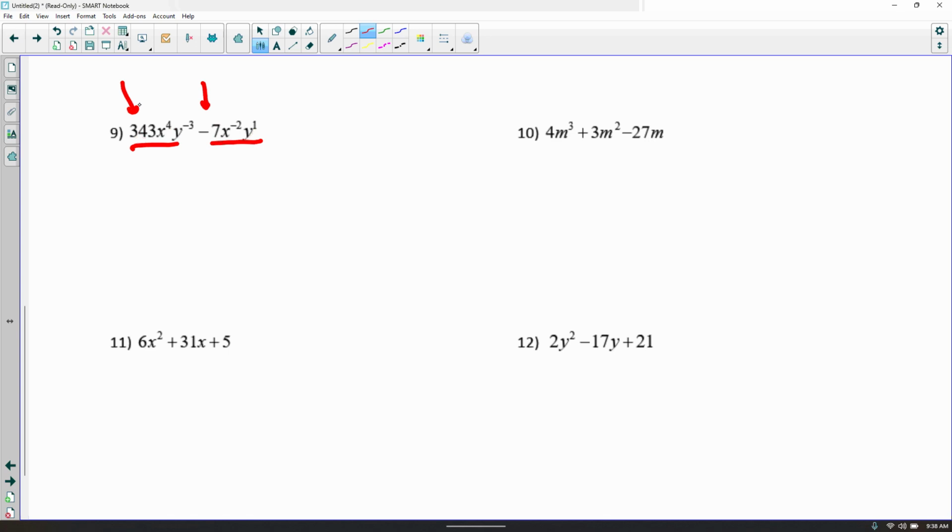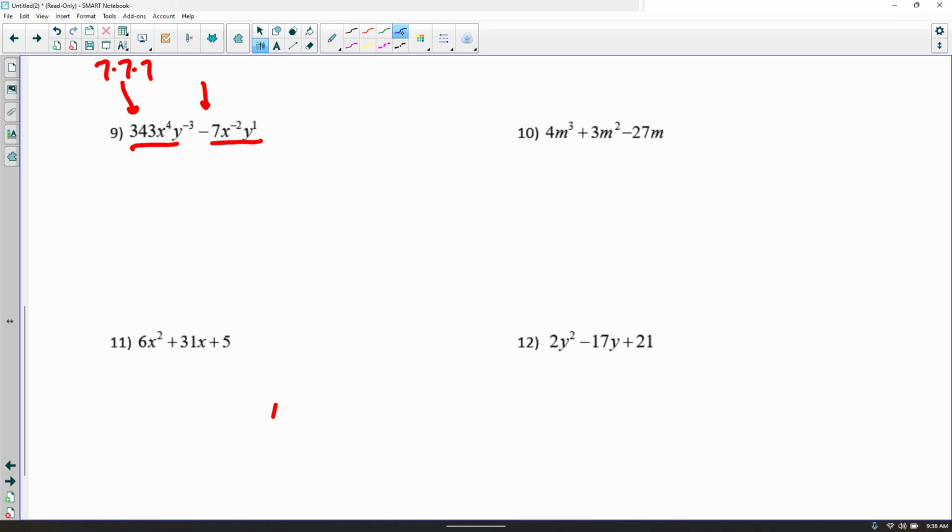Which is a what? Perfect square, perfect cube? That's a perfect cube. And what is 343 if it's a perfect cube? How'd you get it? What number? 7 is right. That's 7 times 7 times 7, correct?